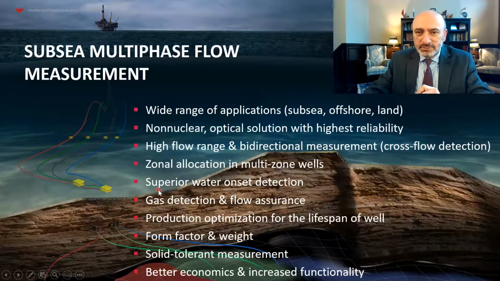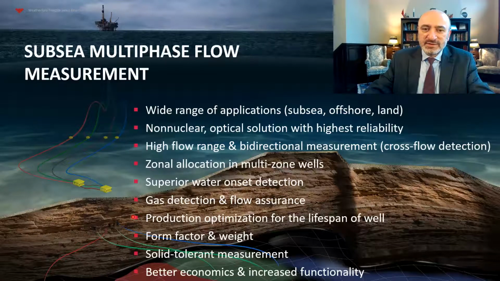So having water onset detection and gas detection technologies, an operator is able to optimize the production of the well. Let's assume that there is a multi-zone well and there are inflow control valves between the zones. If water or gas is detected from the measurements, then using those ICVs, inflow control valves, in an efficient manner, it is possible to block or reduce the unwanted fluids for that zone.